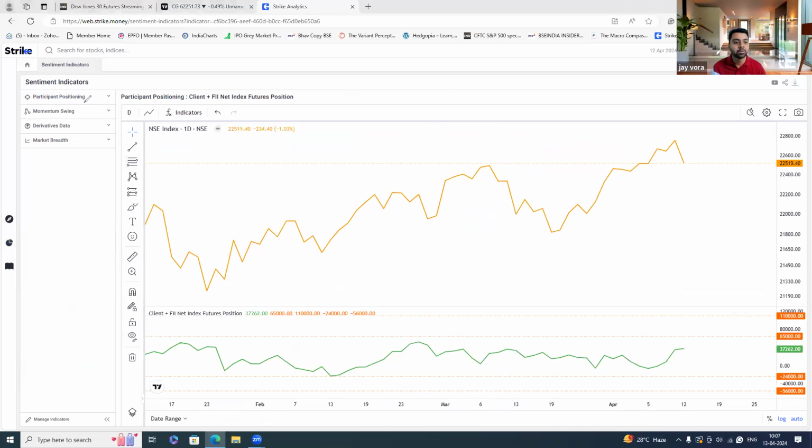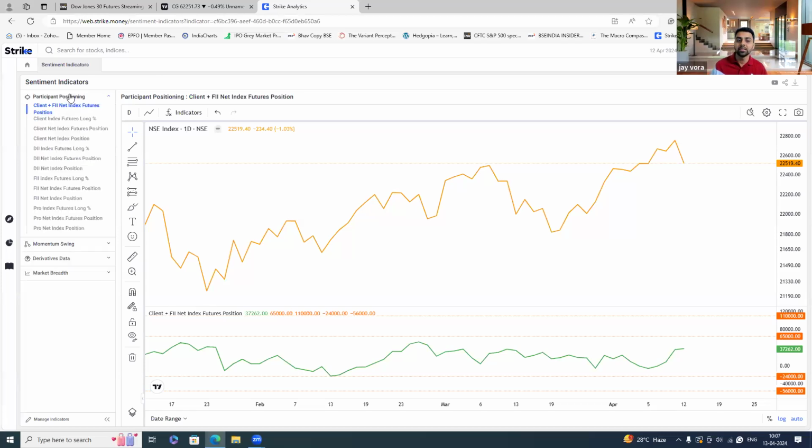That is participant positioning, momentum swing, derivative data, and market breadth. So the momentum swing one is basically a proprietary indicator, where we try to gauge the momentum on all the FNO stocks. So that I'll be covering in detail.